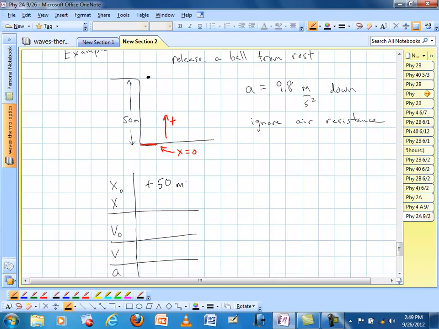It would be negative 50. So you have to be careful with signs. That's the key to doing these problems. These problems are fairly simple once you get the hang of it. You just have to be careful with your signs and you'll be okay. So I'm just writing plus 50 just so you know that you could have a negative number in here for position. And what's our final position?